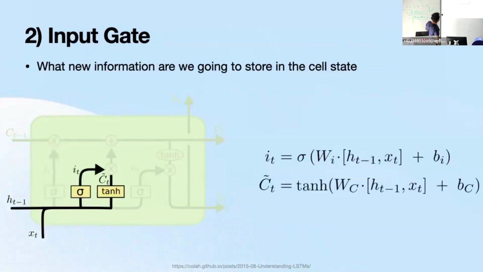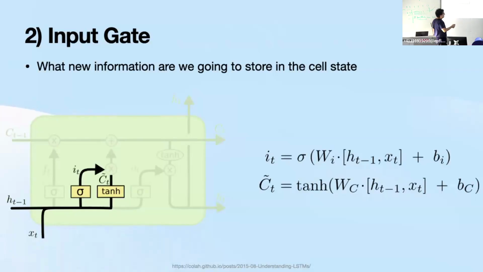Another gate is the input gate, which specifies what new information we are going to store in the set of states, metaphorically again. So we have this I of t, which is calculated in a very similar way to f of t. It's a sigma of a weighted sum of h and the current input plus bias.